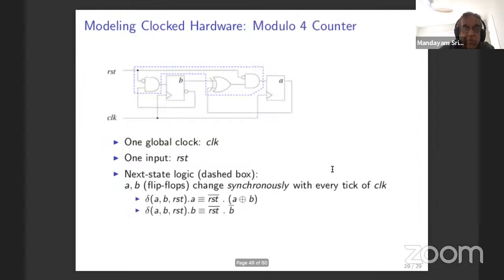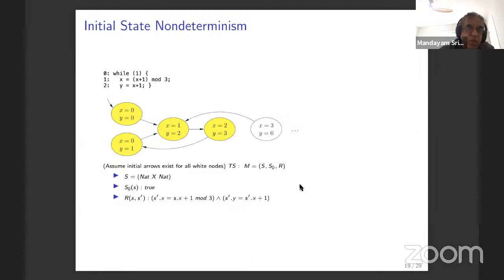Now let me go to this system here. Suppose I want to model this system for arbitrary initial states.